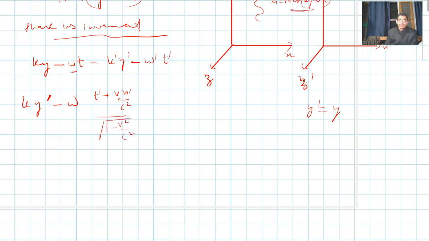This is the value of t, equal to k prime y prime minus omega prime t prime.